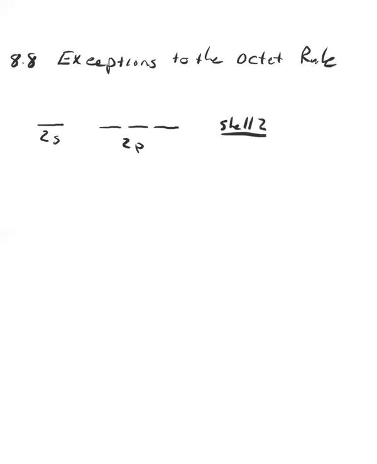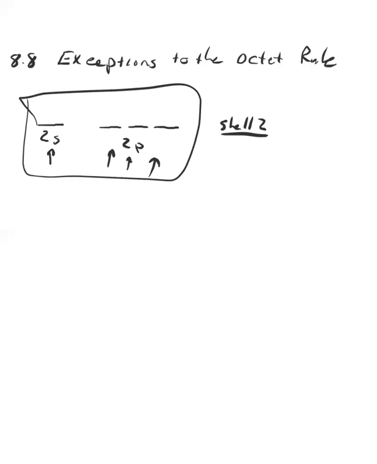You have an orbital for the 2s, and then 3 orbitals for the 2p, going back to chapter 6. That's 4 orbitals in that shell. Each orbital can have 2 electrons according to the Pauli exclusion principle. So that's 8 electrons, right? That's the octet rule. Essentially, there's room for 8 electrons. Once you get up to 8 electrons, there's a quantum mechanical stability that exists.